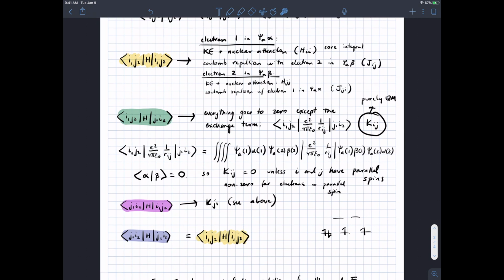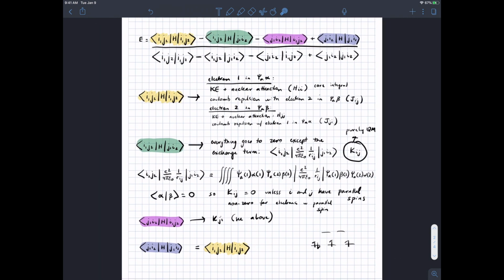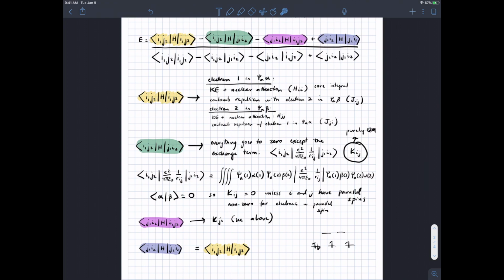So overall, if we apply the Hamiltonian to a Slater determinant, we get a sum of, just a second, I'll ask you in a second. We get a sum of kinetic energy, nuclear attraction for each individual electron, plus repulsion between that electron and every other electron in the molecule, minus the K integral when spins are parallel.